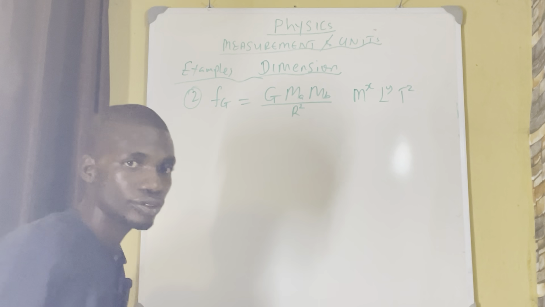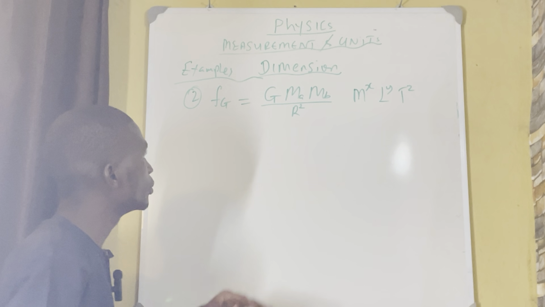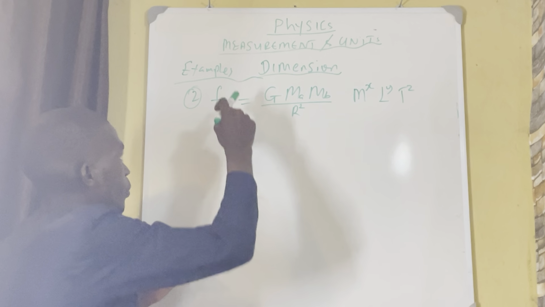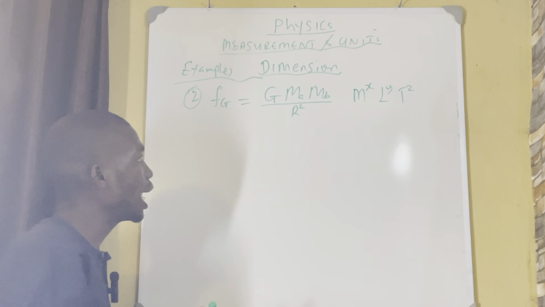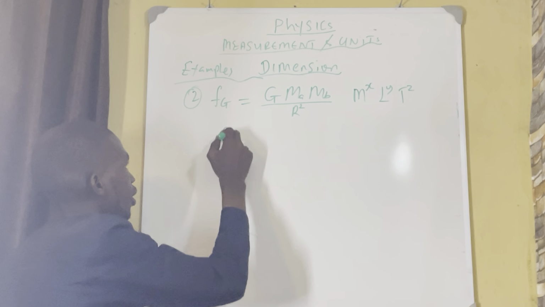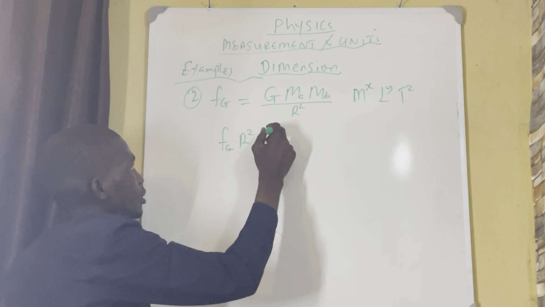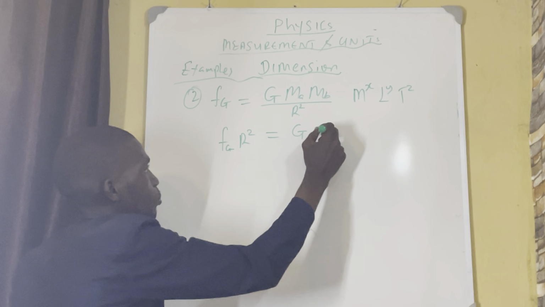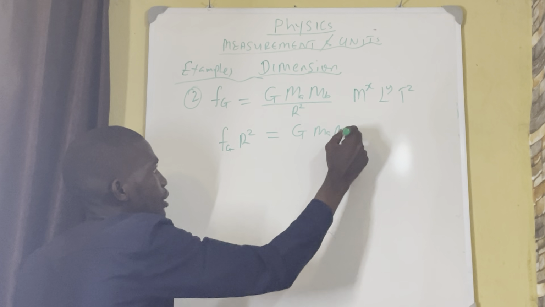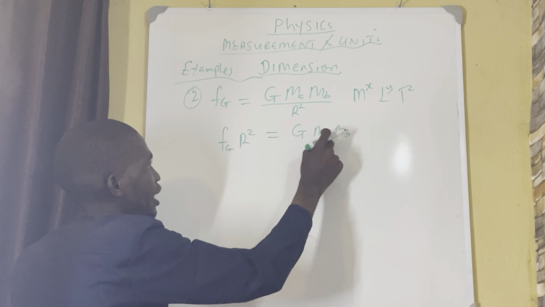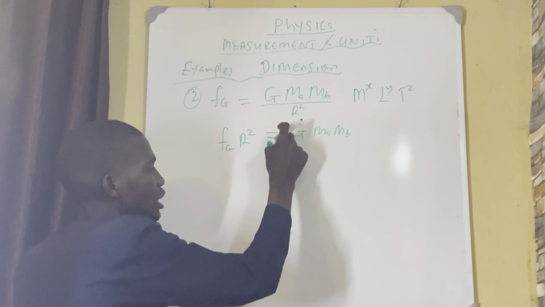This is dimension. What will you do? You make G the subject of the formula by cross multiplying. Once you do it, you get gravitational force times r squared equals G, M_a, and M_b. So now you divide by M_a and M_b to get G.